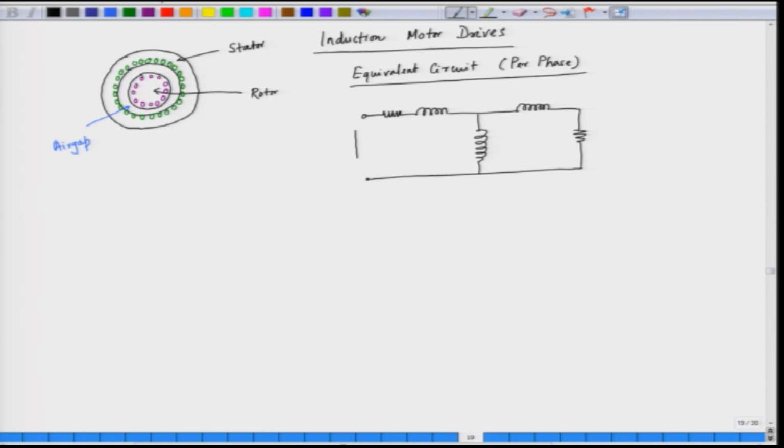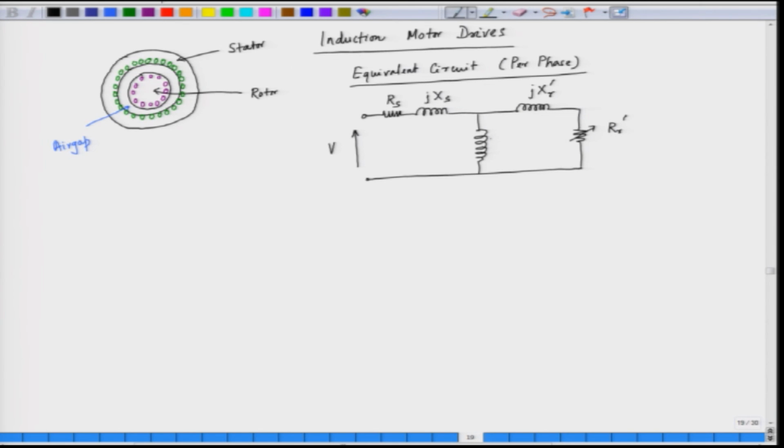We apply a certain voltage, which is the per phase voltage. This resistance represents the stator resistance, which is Rs. This is the stator leakage reactance, which is Xs. This one is the rotor leakage reactance, Xr prime, referred from the stator side, and this one is the rotor resistance, Rr prime, referred from the stator side.